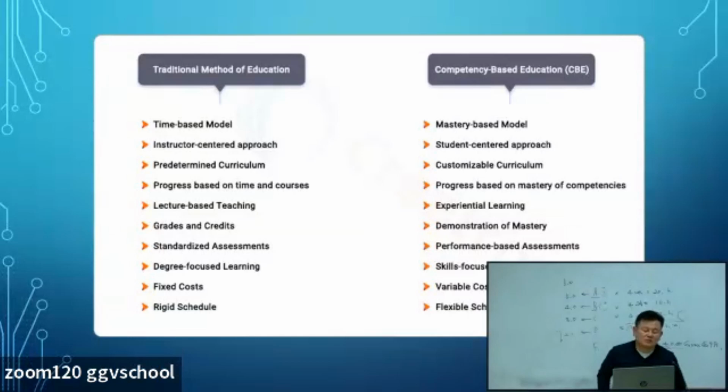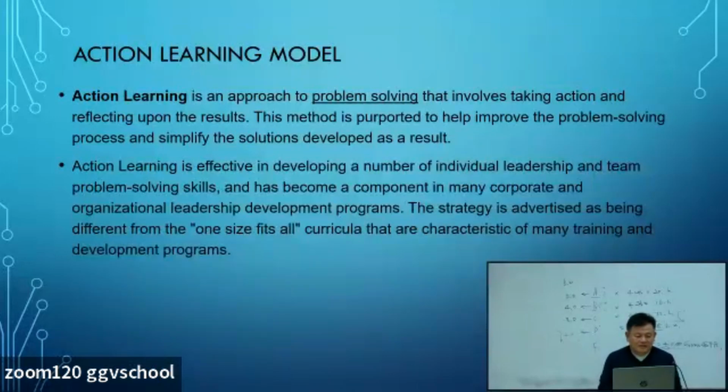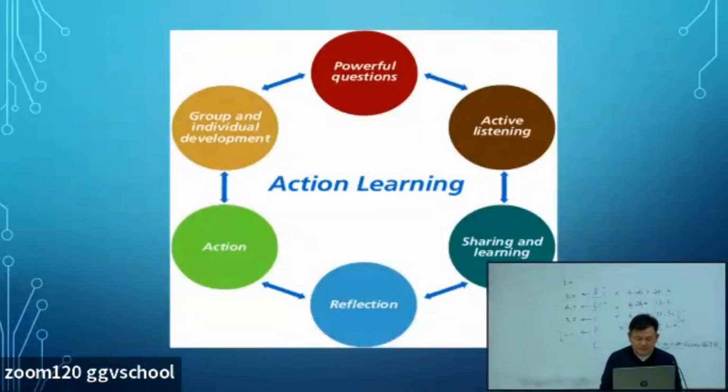This is the difference between traditional education and competence-based education. This is common sense, but it summarizes your understanding. The action learning model is easier to picture. It is interactive, with these factors: powerful questions, active listening and shared learning, reflection, action, group and individual development.